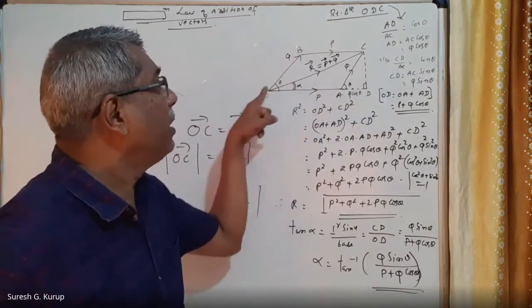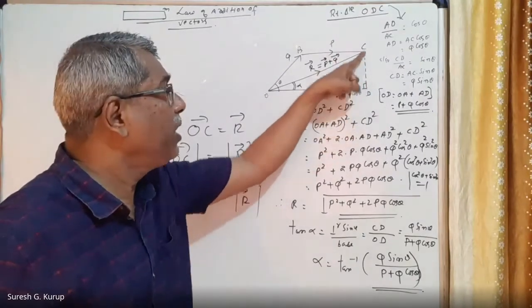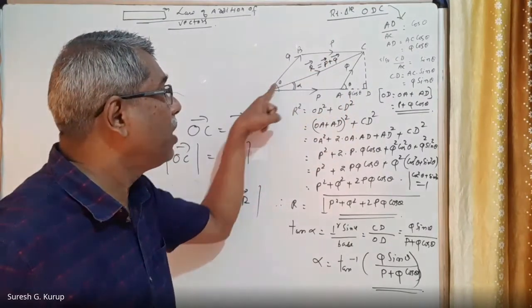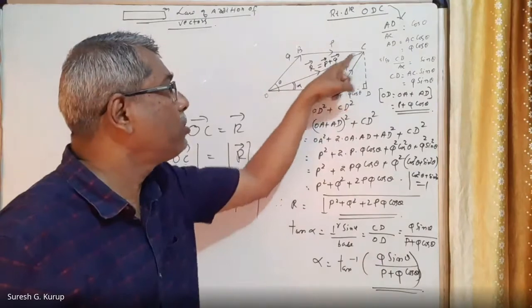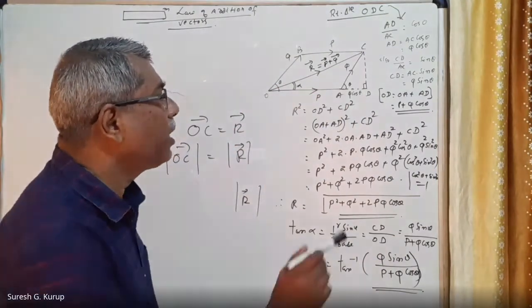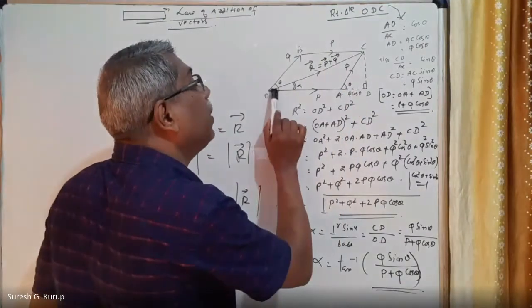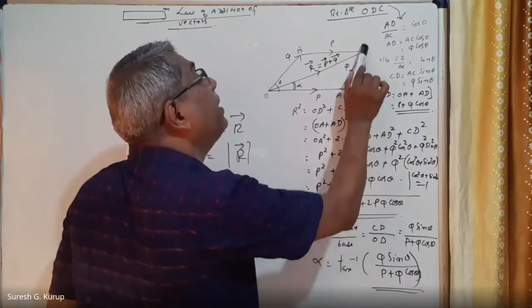This is 90 degrees, therefore this is the hypotenuse. This big triangle is a right angle triangle. In triangle OCD, OC is the hypotenuse, OD is the base and DC is the perpendicular.